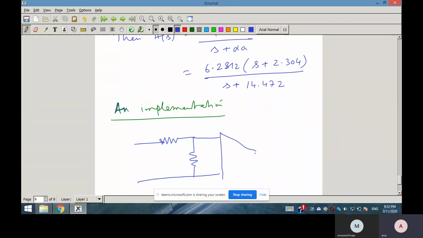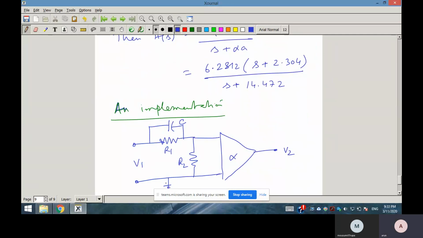This is your amplifier alpha. This is capacitor C. Suppose this is R1, this is R2, and this is V1. Suppose this is V2.